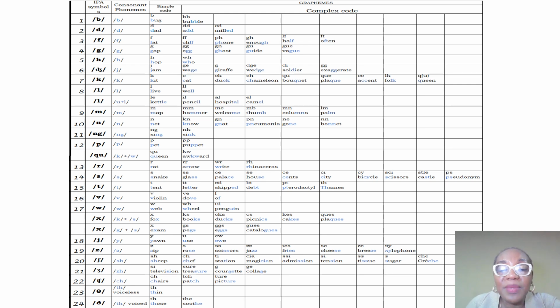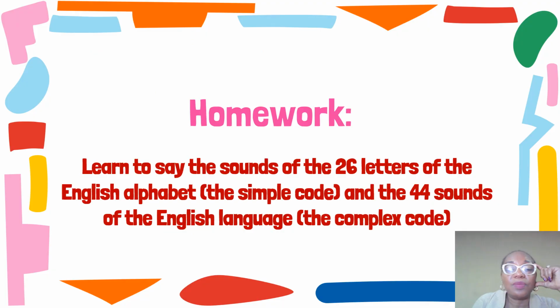And "column" and "palm", in this case the LM makes an M sound, so it's "palm", the palm of your hand. Okay, all right, so use that in your independent practice to figure out how the spellings are to be sounded.